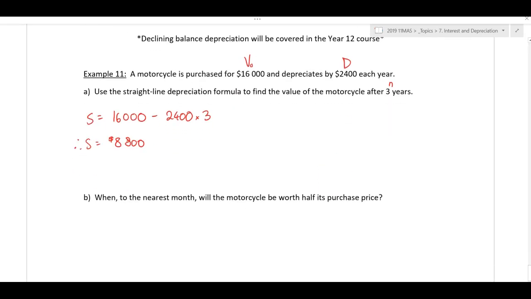So, Part B, to the nearest month, when will it be worth half its purchase price? Well, what this means is my V0 still equals 16,000. I know that D is still equal to 2,400.